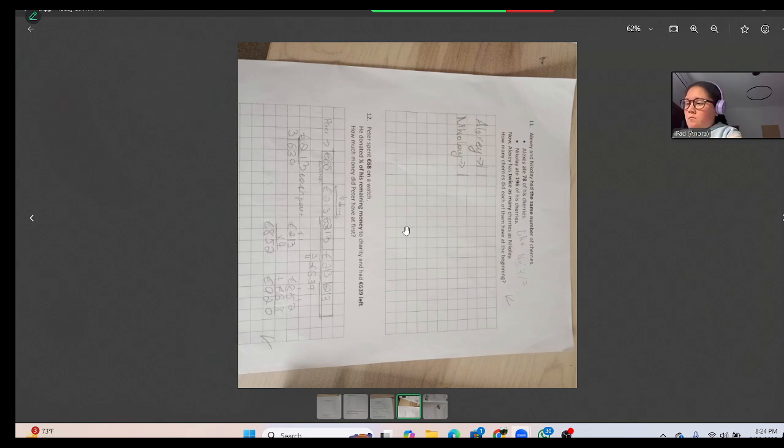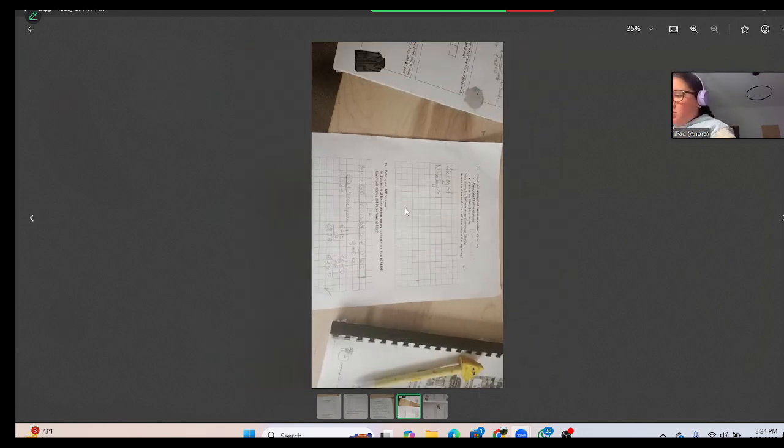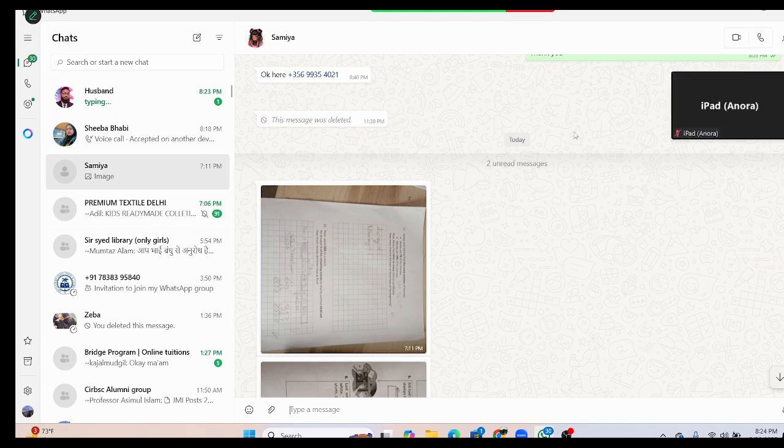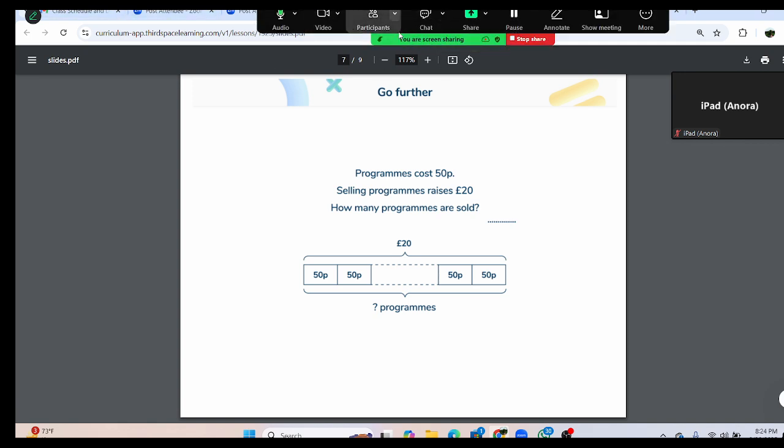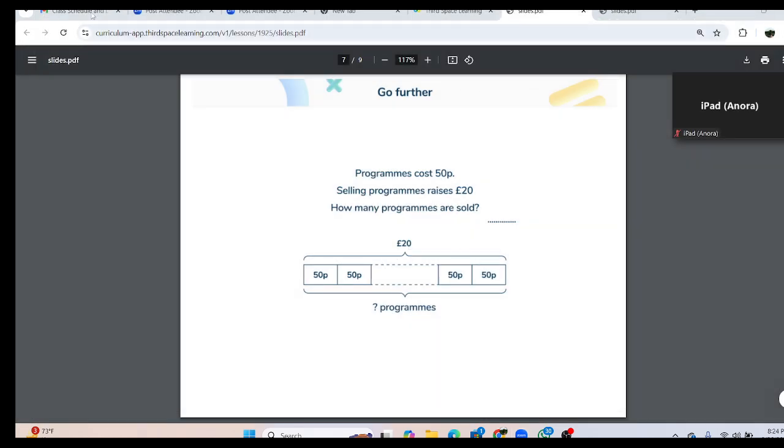If you can send me a rotated picture, that would be really helpful. Give me a minute.